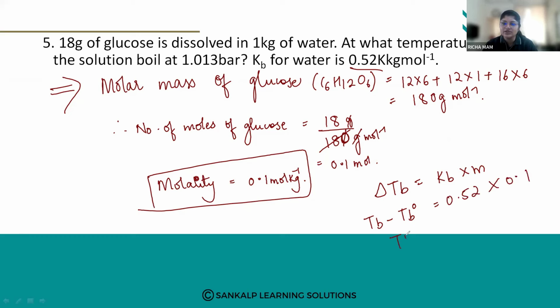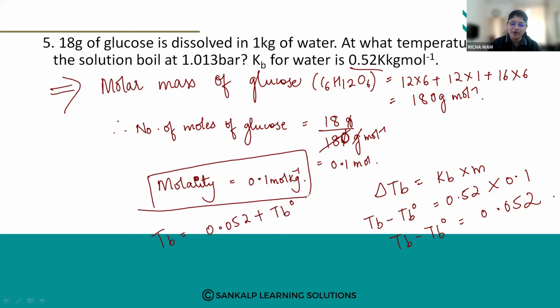So the change in temperature is 0.052. Now TB will be equal to 0.052 plus TB naught.